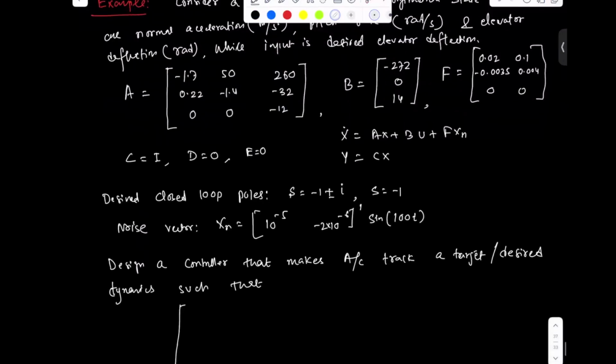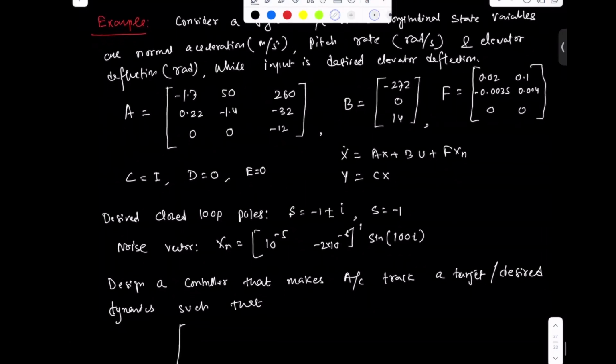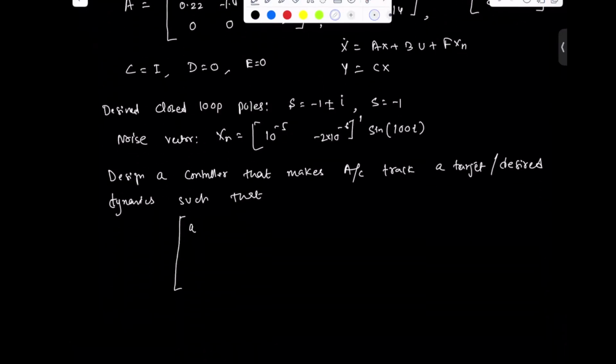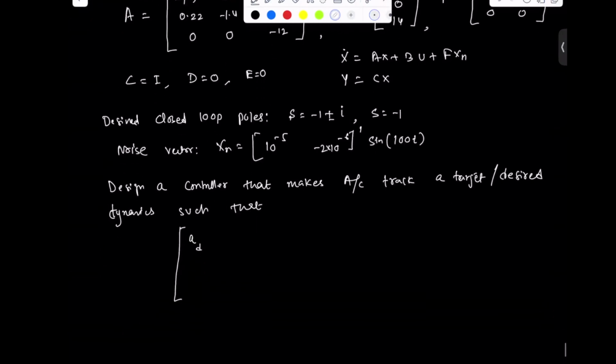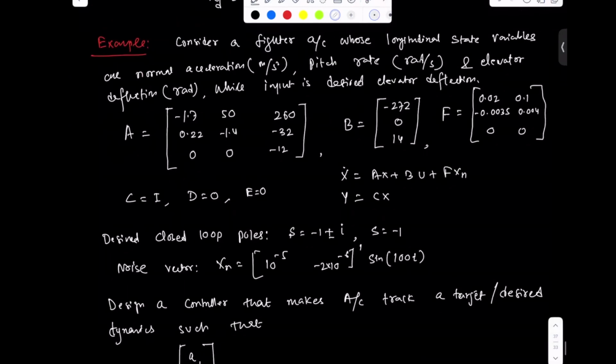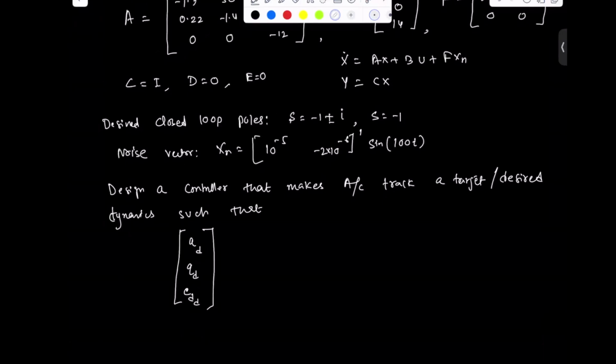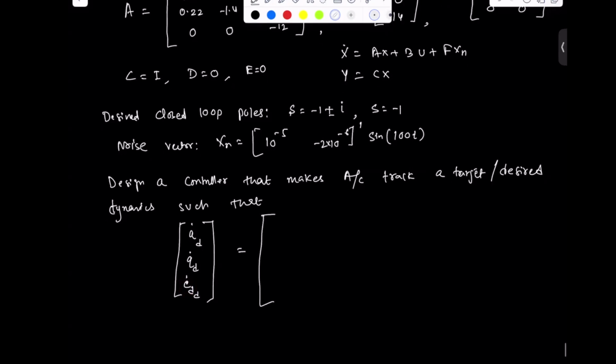So we can write a desired, q desired, and elevator desired. This is elevator deflection. Okay. So we can form x_d dot.